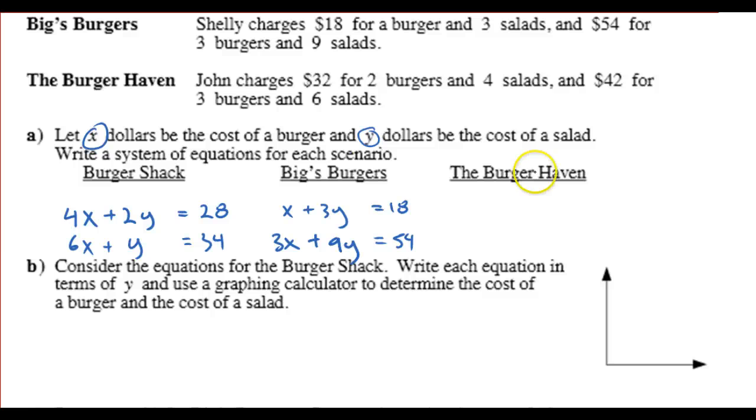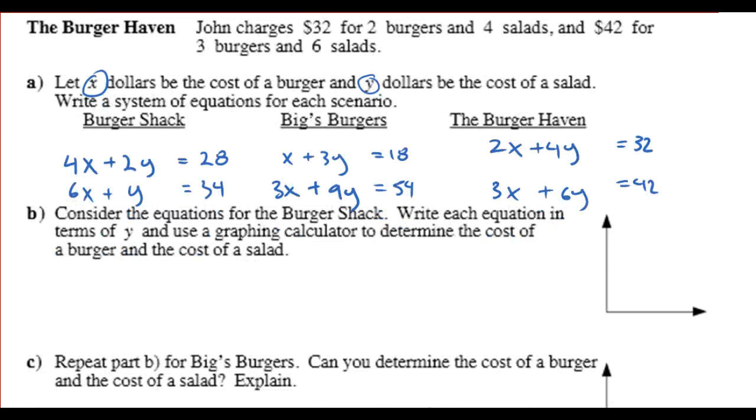Finally, at Burger Heaven, John charged $32 for 2 burgers, so 2X, plus 4 times the price of a salad, which is Y. That's what we're trying to find out, how much each one costs. And then finally, $42 for 3 burgers and 6 salads.